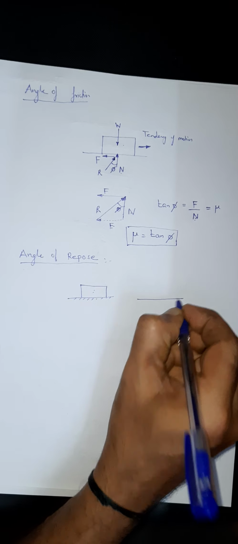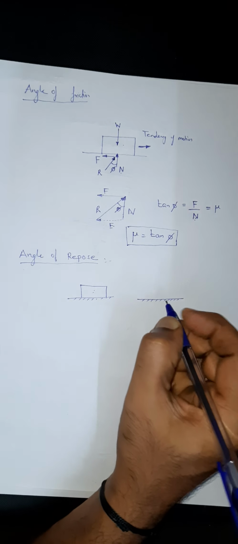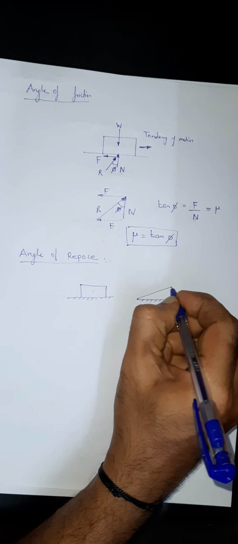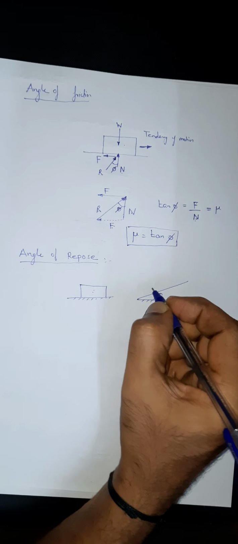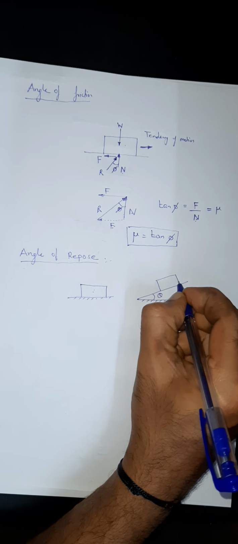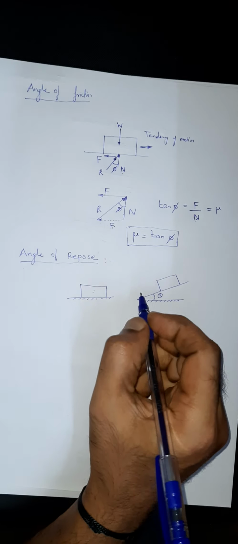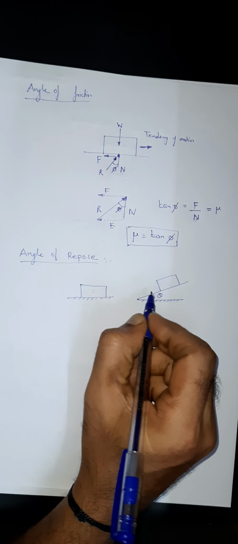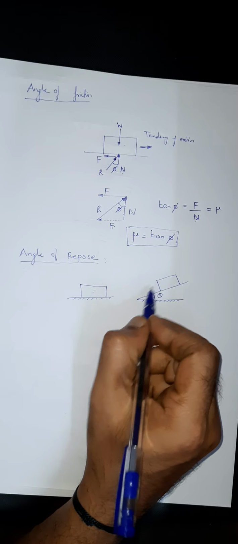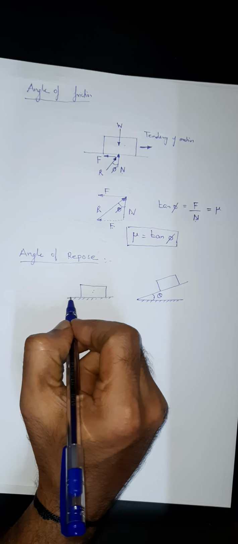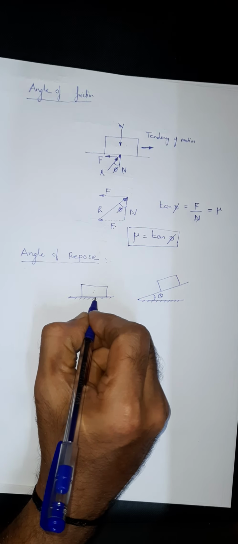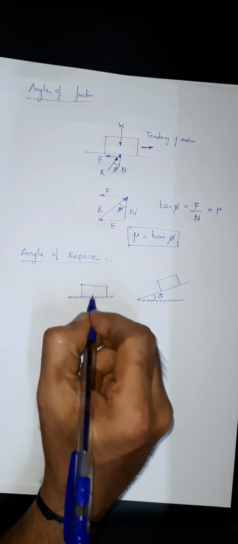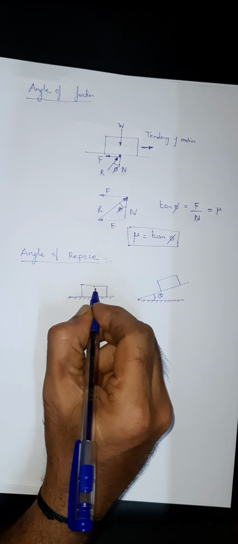Assume this is a surface. Suppose I incline this plane at an angle of theta, and the body is over here, right? So this is the angle, the minimum angle at which the body starts to move, known as the angle of repose. Earlier, as far as the horizontal plane is concerned, this surface is parallel to the object surface.